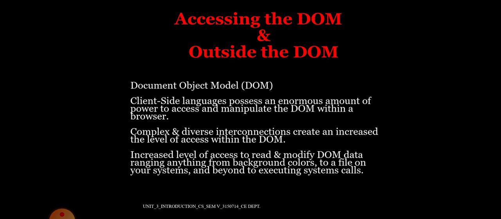It is used to change all HTML elements, change all the HTML attributes and CSS styles in a page, remove existing HTML elements and attributes, add new HTML elements and attributes, react to all existing HTML events in the page, and create new HTML events in the page. This is all about the object model and JavaScript.